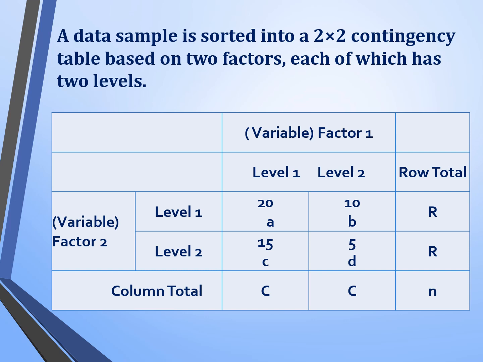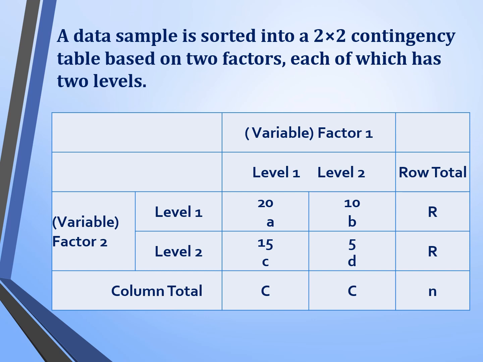Then, after finding the expected value for each of the 4 cells, A, B, C, and D, we are going to find the chi-square value. According to the equation, chi-square equals the summation of observed minus expected squared over the expected. And then you are going to find the number of degrees of freedom of the chi-square test statistic.